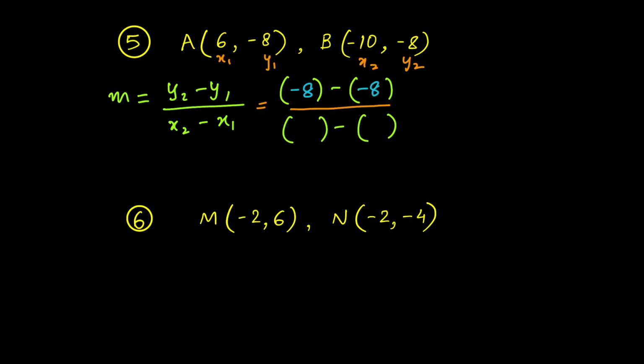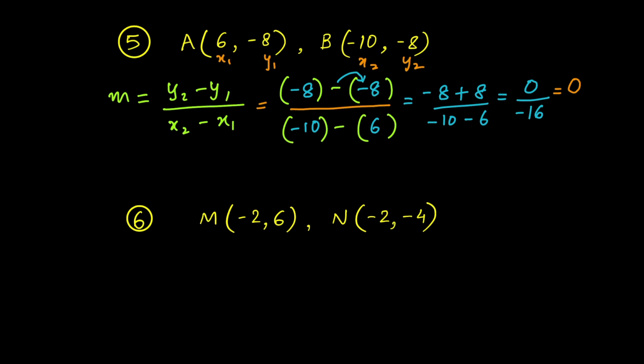At the bottom it is minus 10 and 6. So we get here minus 8 and plus 8. So this minus times minus is positive. So it is minus 10 and minus 6. So we get minus 8 and plus 8 becomes 0 over minus 10 minus 6 is minus 16. So 0 over any number, we already discussed this. So 0 over any number is always 0. So this is very important.